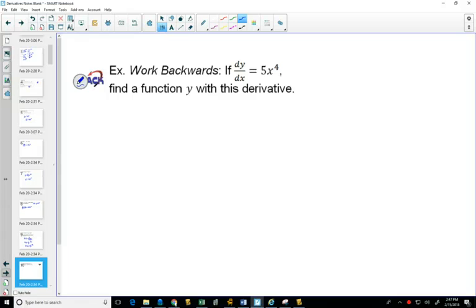So if you had the answer, what would this have been originally? X to the 5. And we're going to find out later that this isn't the only answer to this one. Because you could go further down or further up.